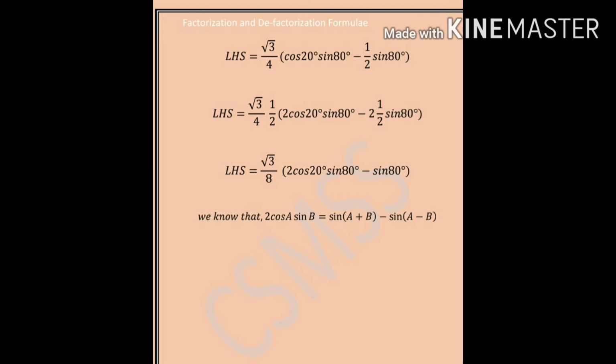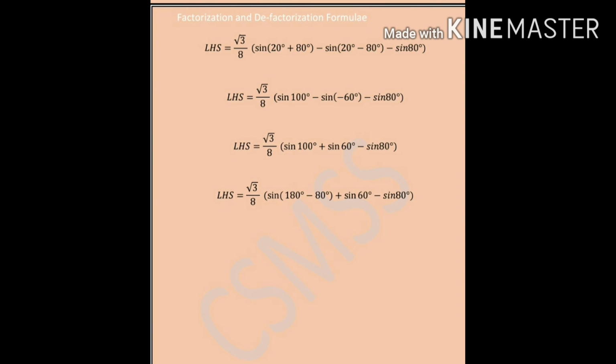minus sin 80 degree. And we know that 2 cos A into sin B equal to sin of A plus B minus sin of A minus B. LHS equal to root 3 by 8 in bracket sin of 20 degree plus 80 degree minus sin of 20 degree minus 80 degree minus sin of 80 degree.